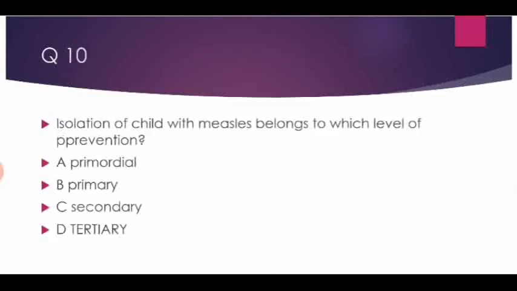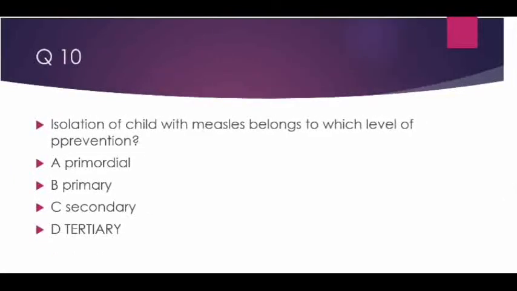Okay, the next question. Many students have a doubt about isolation and quarantine, so let me clear it. Isolation means separation of sick people with a contagious disease from people who are not sick. So here we protect the healthy person from becoming infected. It is called specific protection, so it comes under primary prevention.